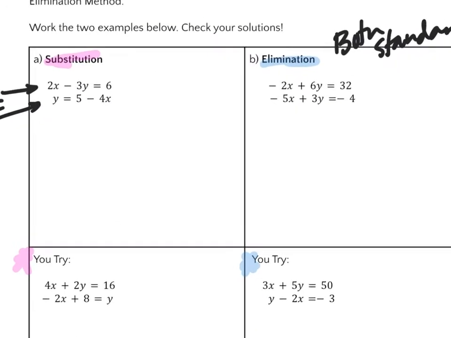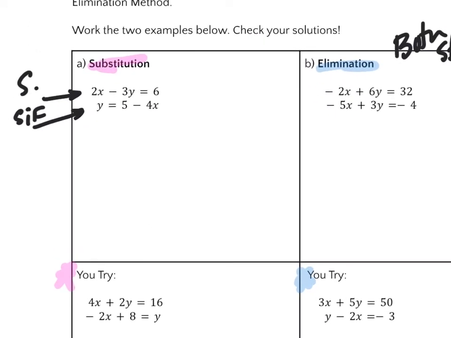I'm going to zoom enhance for a second. So here's my y, and I see this y. For substitution, I'm going to literally plug in all this stuff into that y spot. So I'm going to have 2x minus 3 in parentheses, and then equals 6.